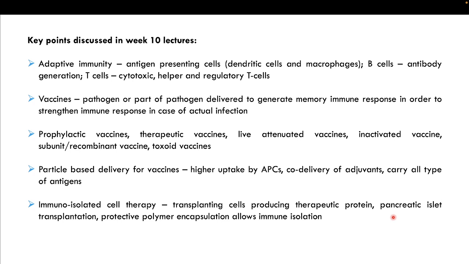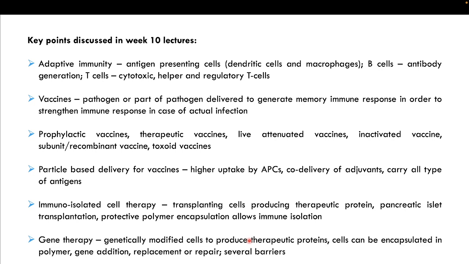That is why this is known as immunoisolated cell therapy. It could be used to transplant cells which produce a particular protein, and this polymer layer will allow immune isolation and protect the beta cells. So this is one concept. And the last concept that was discussed in this week's lectures is gene therapy.